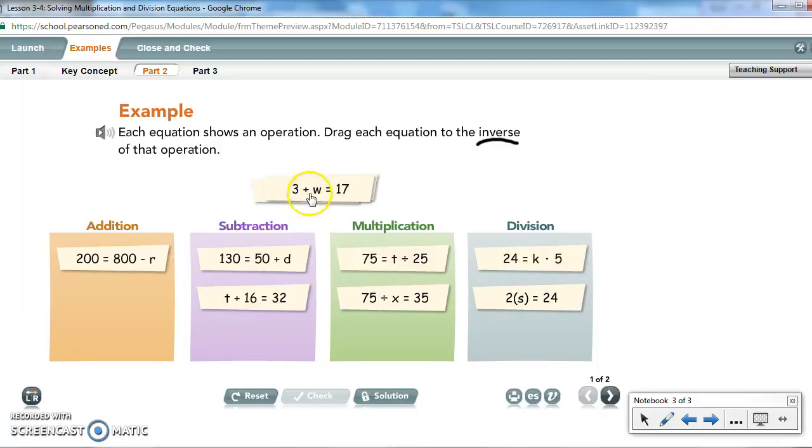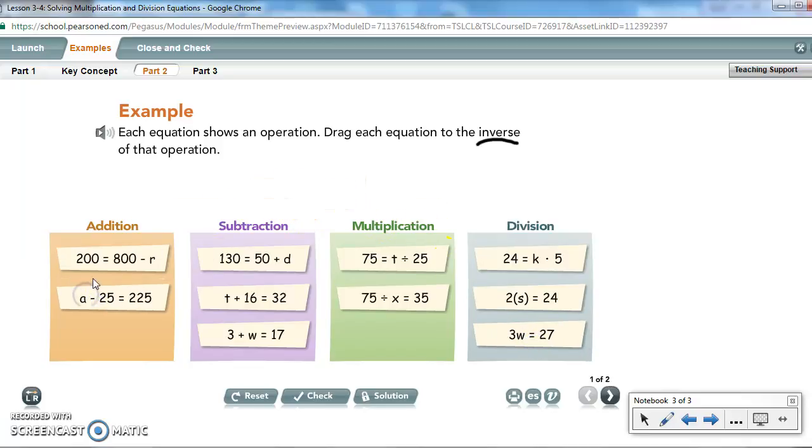Multiply. The opposite of add? Subtract. A letter next to a number means multiply, so what's the opposite of multiplication? Division. The opposite of subtraction is addition. Go ahead and copy these down. Again, inverse means opposite. You use the inverse operations in order to solve for variables.